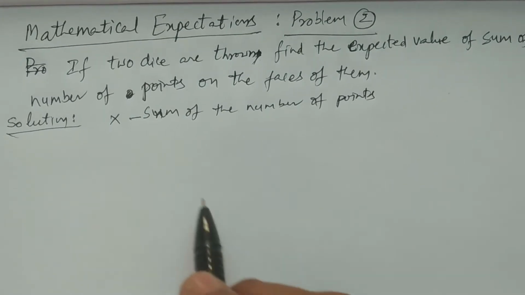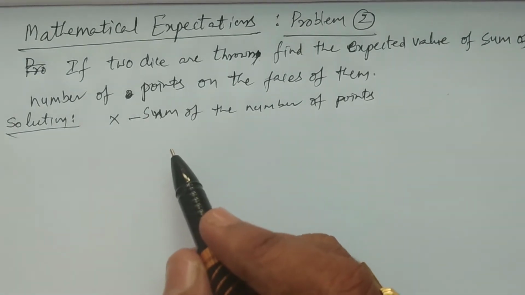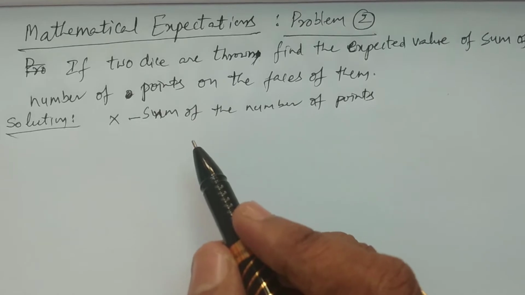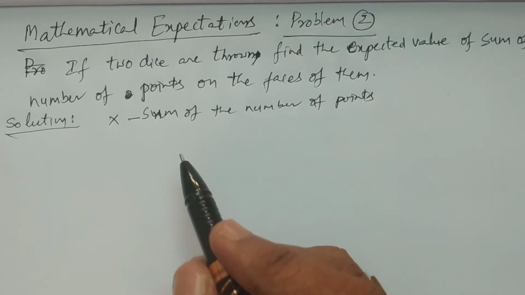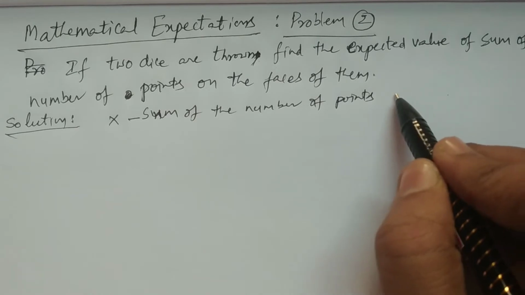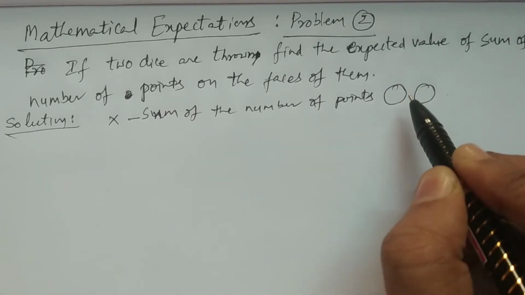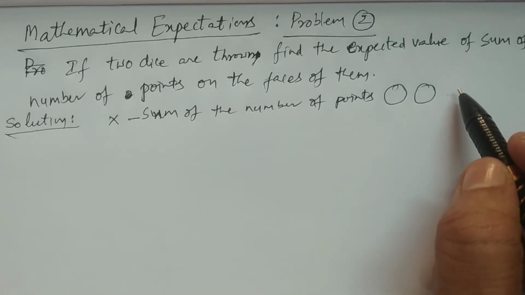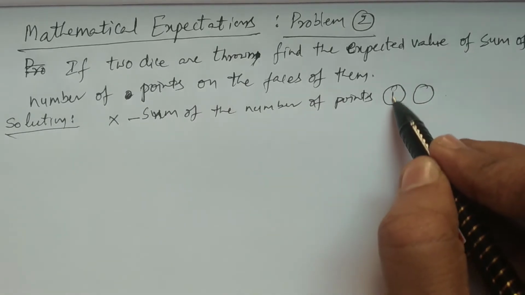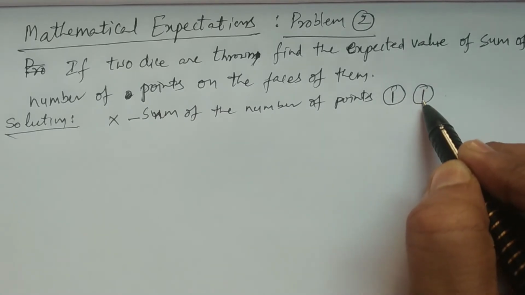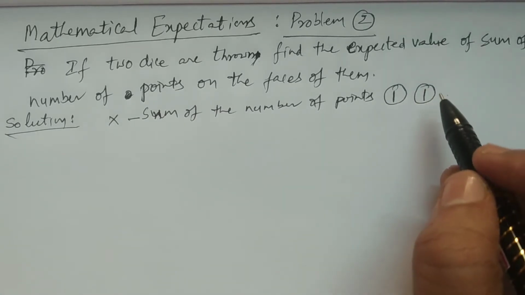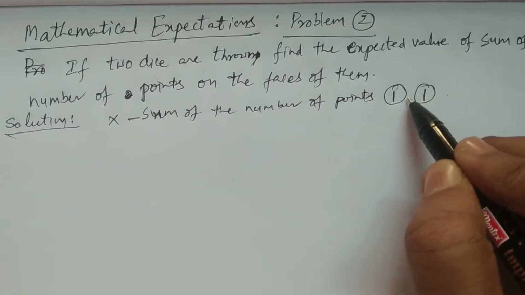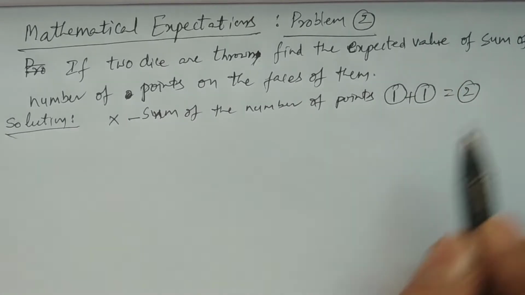And by considering this, what would be the sum of the number of points on the two faces of the dice? Two dice are thrown, and there are 6 faces on each dice, with 6 different points: 1, 2, 3, 4, 5, 6. So the minimum number will be, if you get 1 on one dice and 1 on the other dice also, then 1 plus 1 is 2, the minimum.